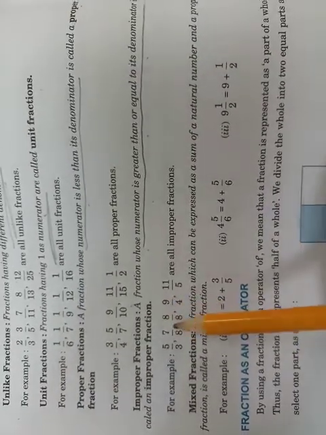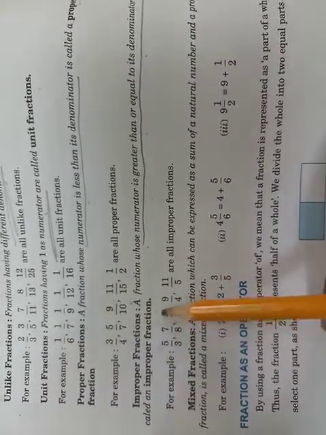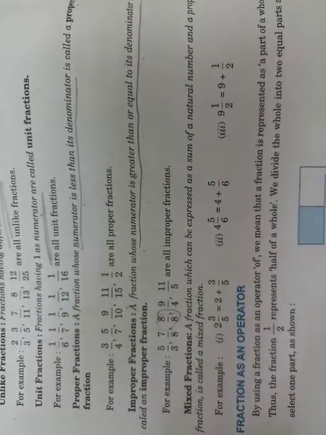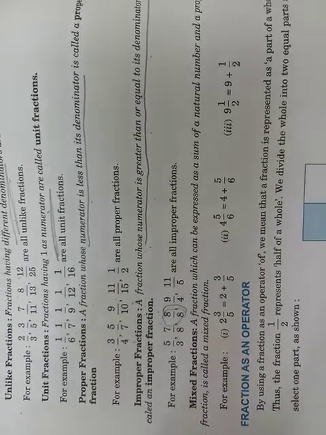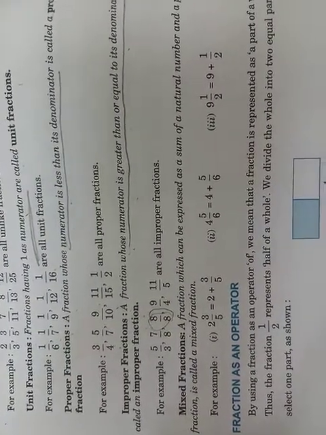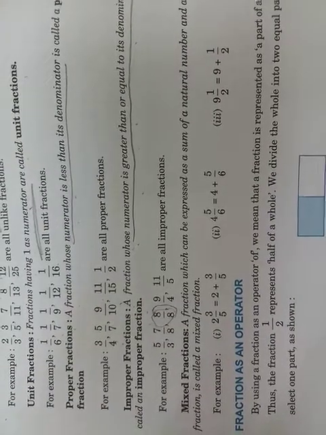We have 8 by 8 also, where numerator and denominator are both the same, then also it is an improper fraction. Remember children, we can always convert an improper fraction to a mixed fraction.